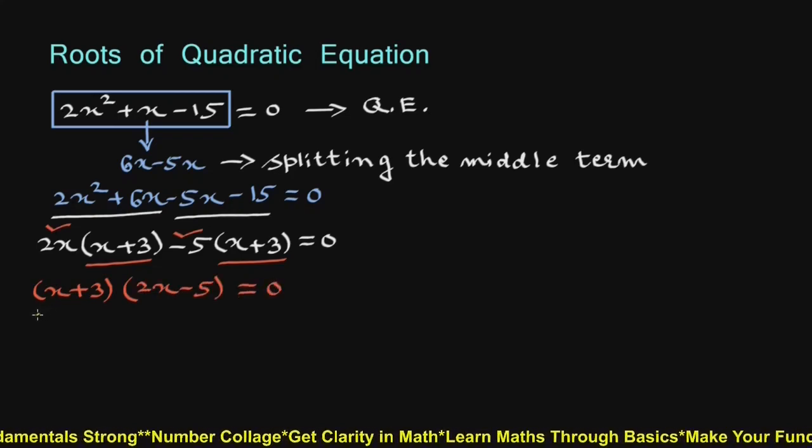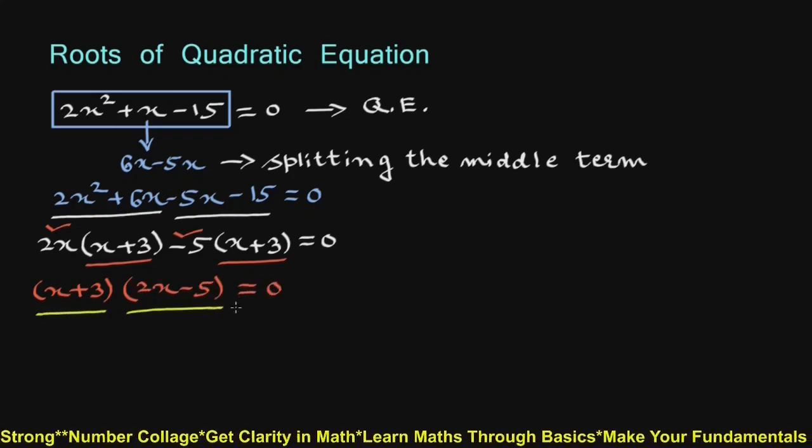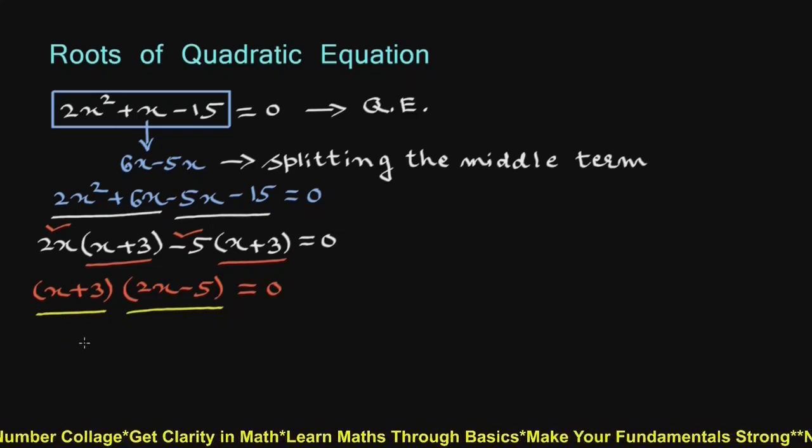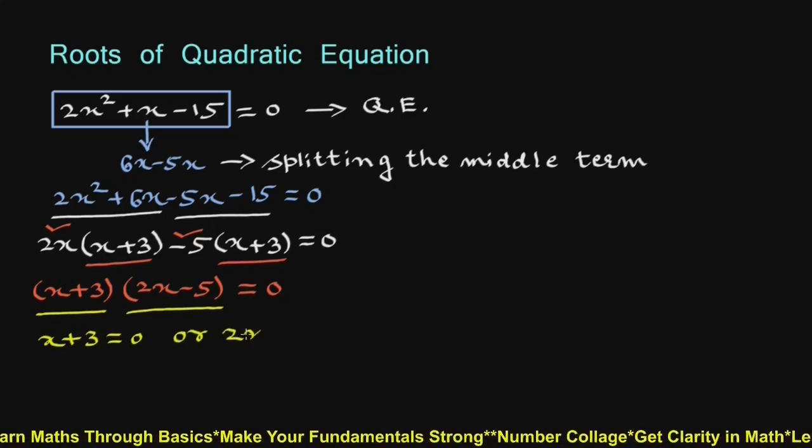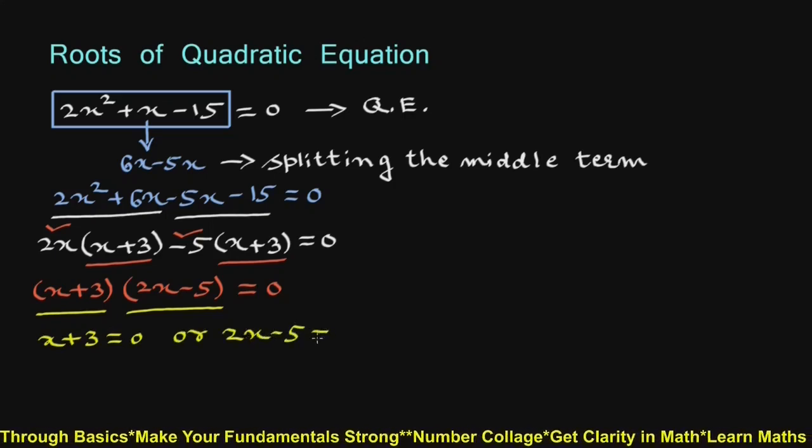When the product of two numbers is 0, then either of them is 0. So x + 3 = 0 or 2x − 5 = 0.